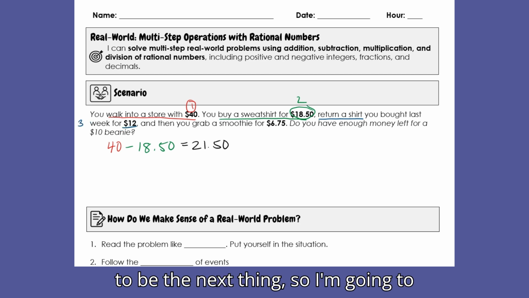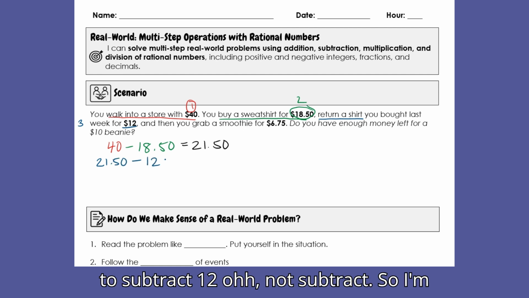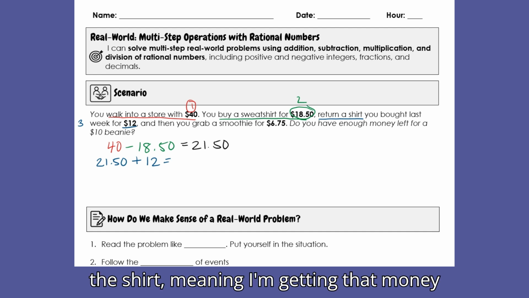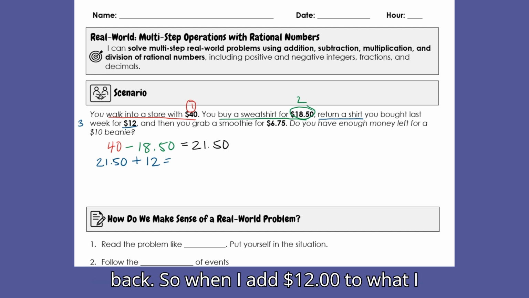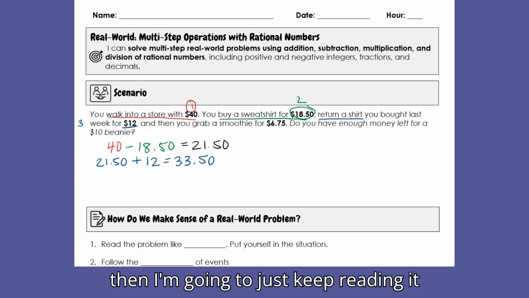So I'm going to take that $21.50 and I'm going to subtract 12. Oh, not subtract. Sorry, I'm going to add $12 because I'm returning the shirt, meaning I'm getting that money back. So when I add $12 to what I had before, I'm going to have $33.50 now.